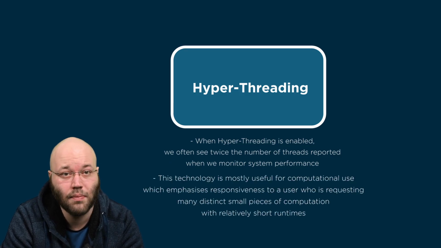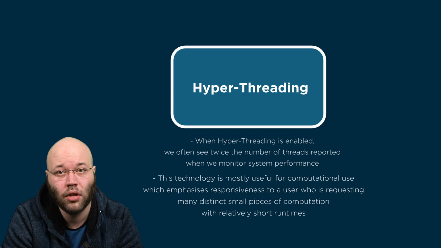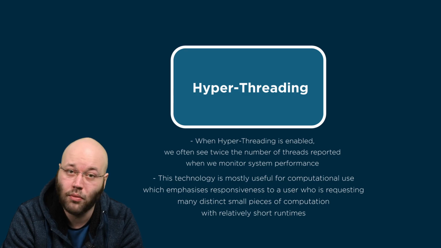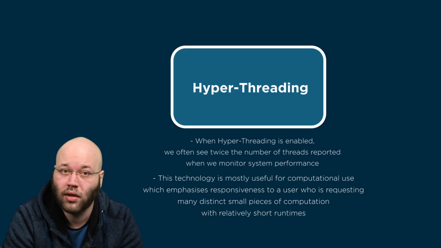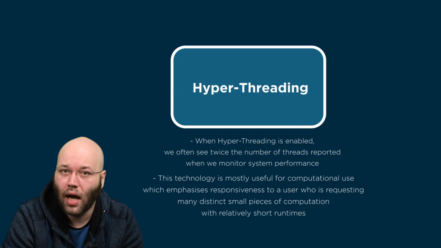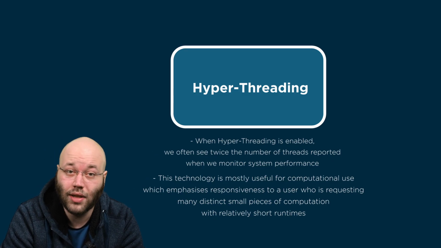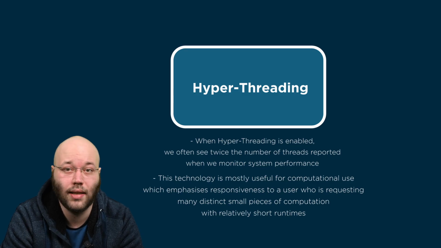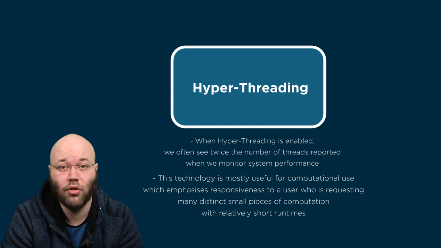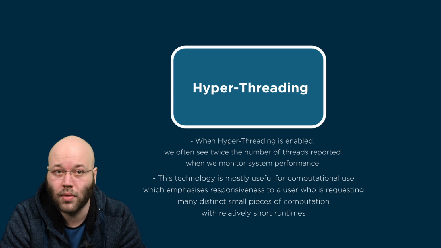Thus, this technology is mostly useful for computational use, which emphasizes responsiveness to a user who is requesting many distinct small pieces of computation with relatively short runtimes. For example, how a person uses a typical computer instead of a cluster. For these reasons, it's ubiquitous in x86 consumer hardware, but it remains a poor solution for high-performance computing.